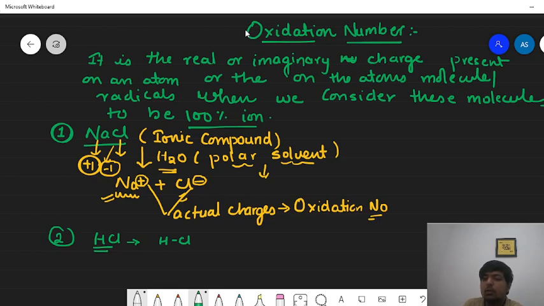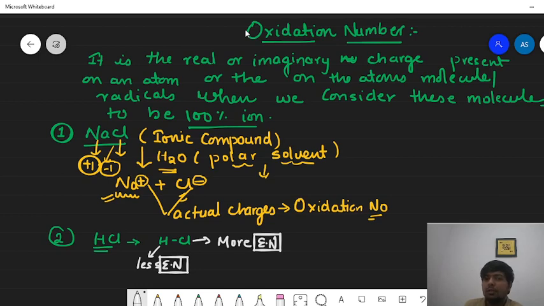By seeing this, you cannot predict the charges, but you know one thing: hydrogen is less electronegative, and chlorine is more electronegative.